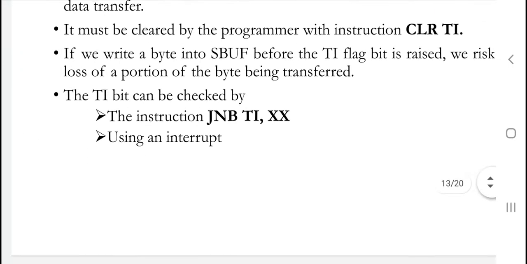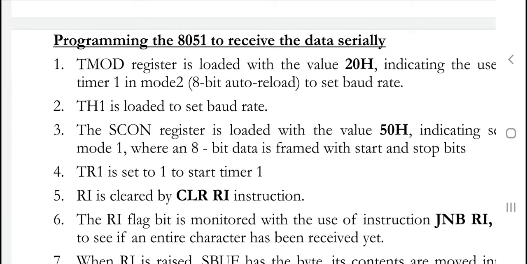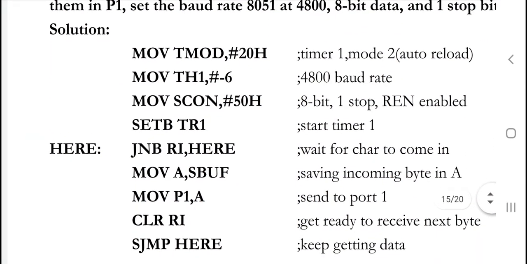Now you can see how to receive the data. What we have studied is how to transfer the data serially and how to receive it serially, the same procedure. Again the same 20, the same -6 is given to TH1, 50 is moved to SCON. And now start the timer and get the data. Wait for the character first.